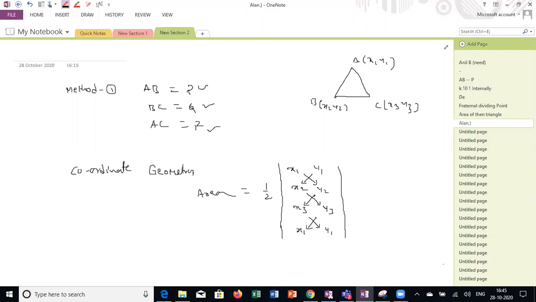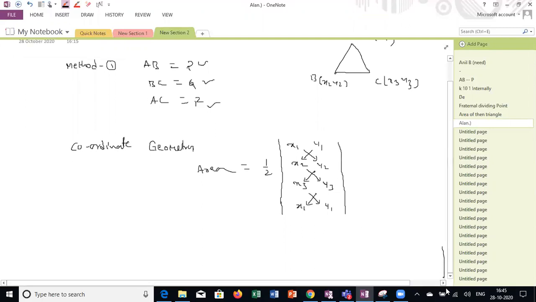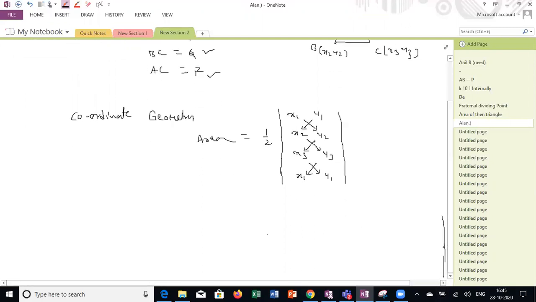Draw the arrow marks like this. In one direction it is positive, in the other direction it is negative. Area equals half into (x1 y2 minus x2 y1 plus x2 y3 minus x3 y2 plus x3 y1 minus x1 y3). If you calculate this expression, you will get the area of the triangle.